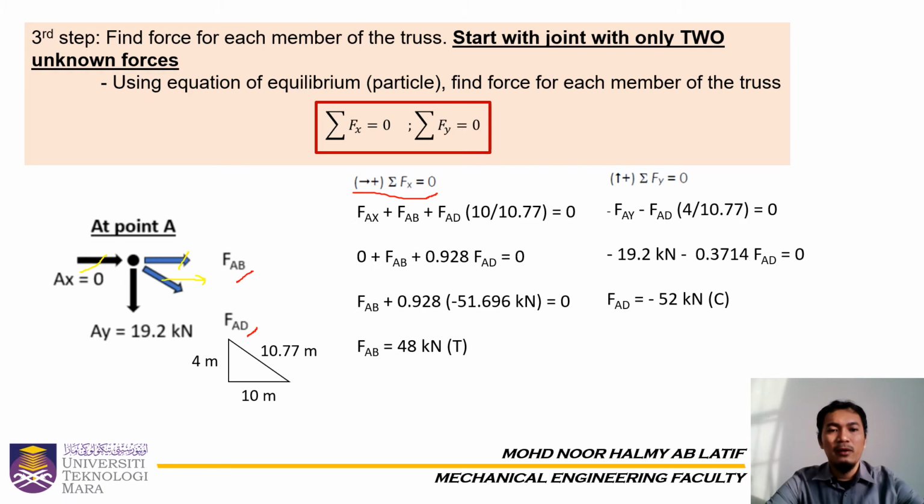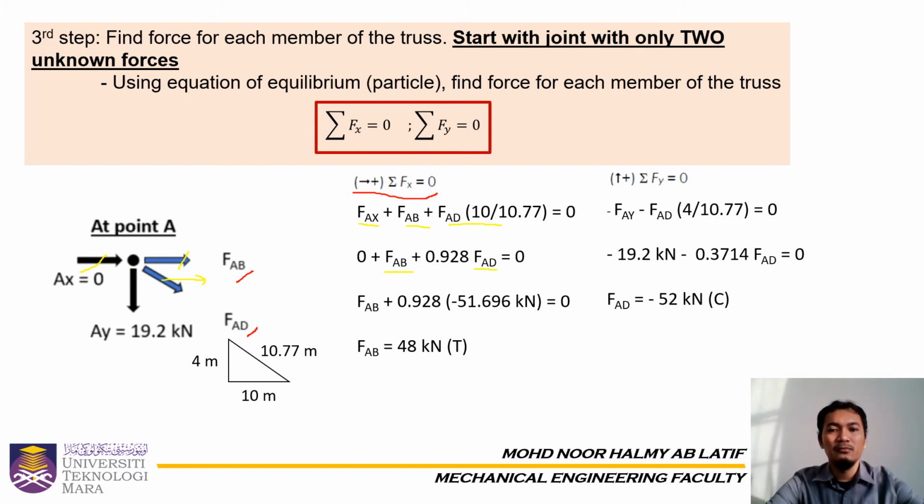So FAX plus FAB and FAD in the x direction. By solving it, we're going to get two unknowns in the end, which are FAB and FAD.